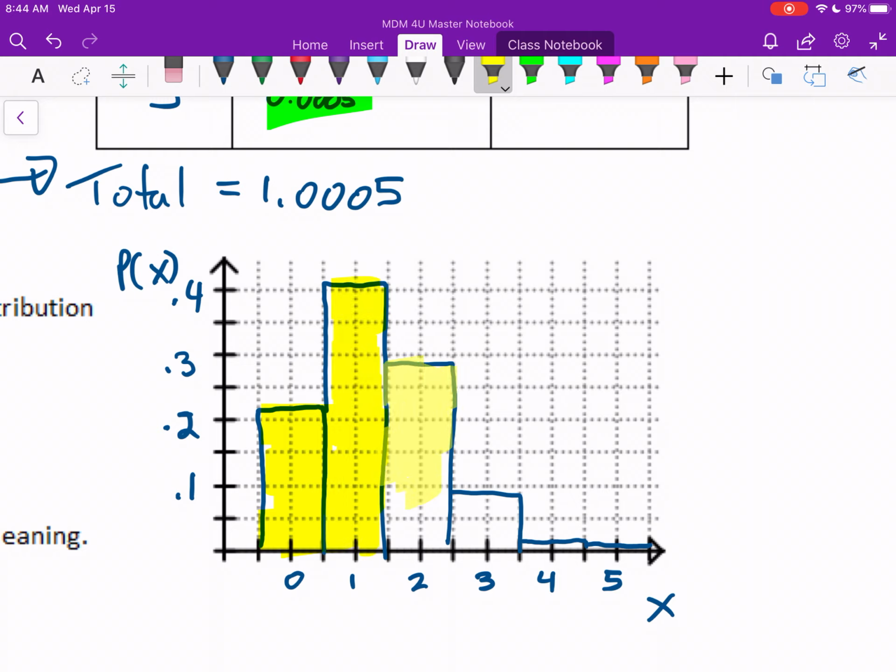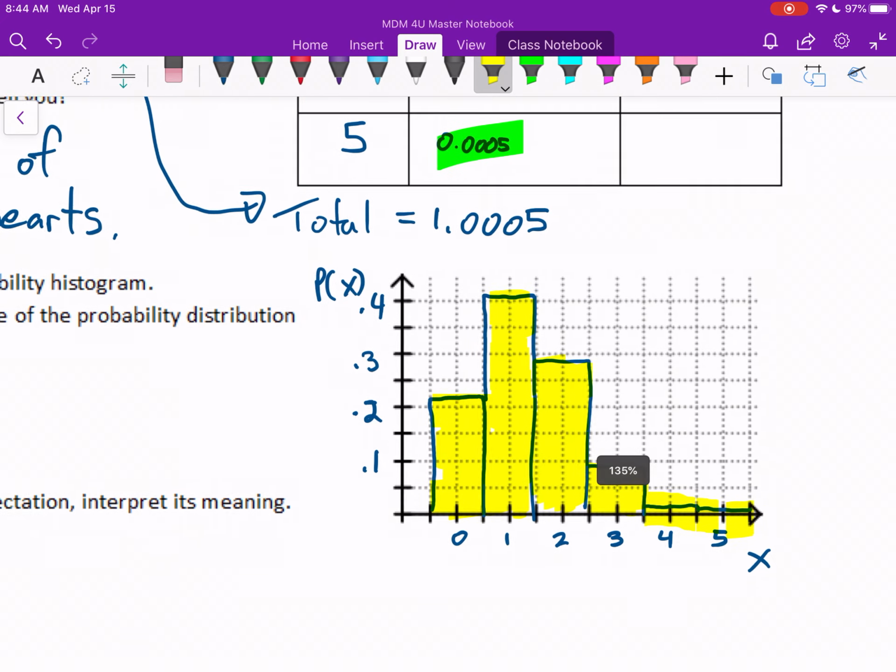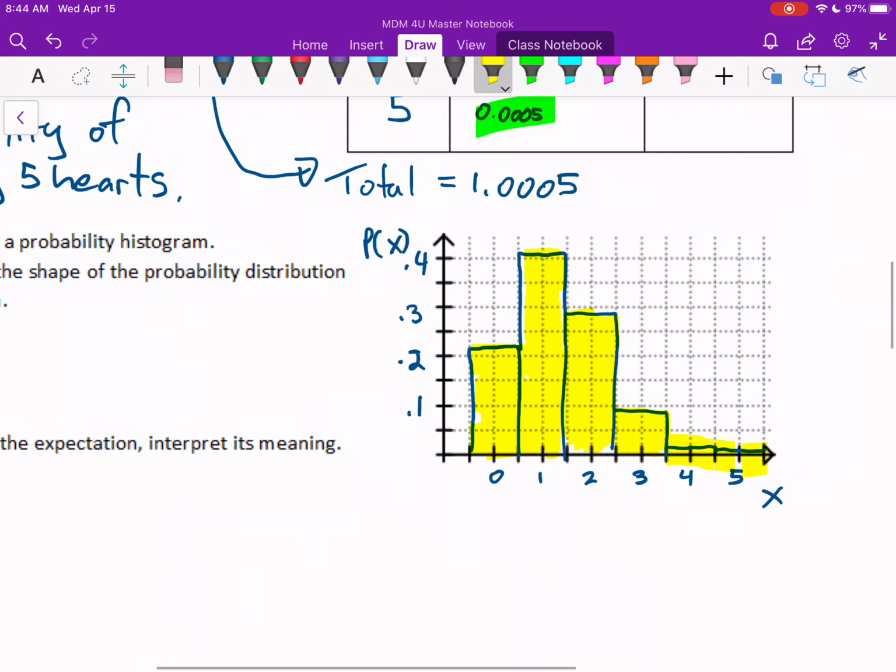As you can see, if I were to draw the probability polygon out of this, I can't draw my highlighter any thinner than this, so that's a bit confusing, but that's it there. If I do my probability polygon, it looks like this. Actually, not really doing a polygon, just doing a smooth curve in this case.